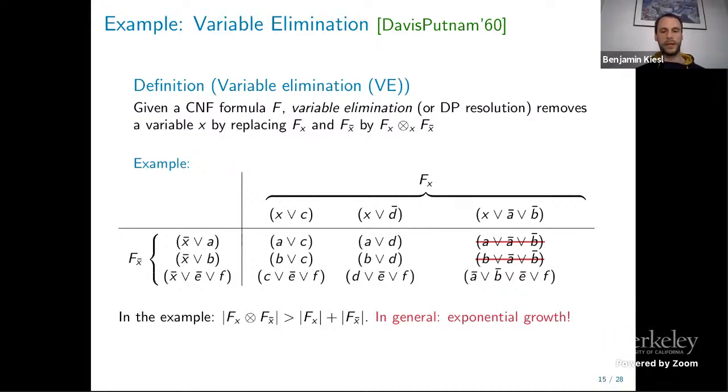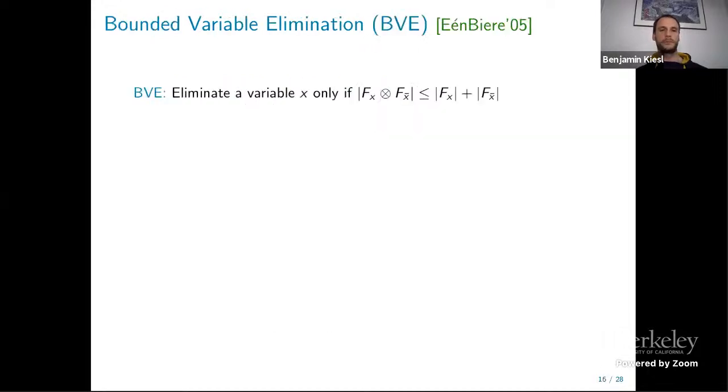And that's not too bad, but in general, what you can get when you do this is exponential growth. And that will really blow up your clause set, which is bad. The question is, what can you do?